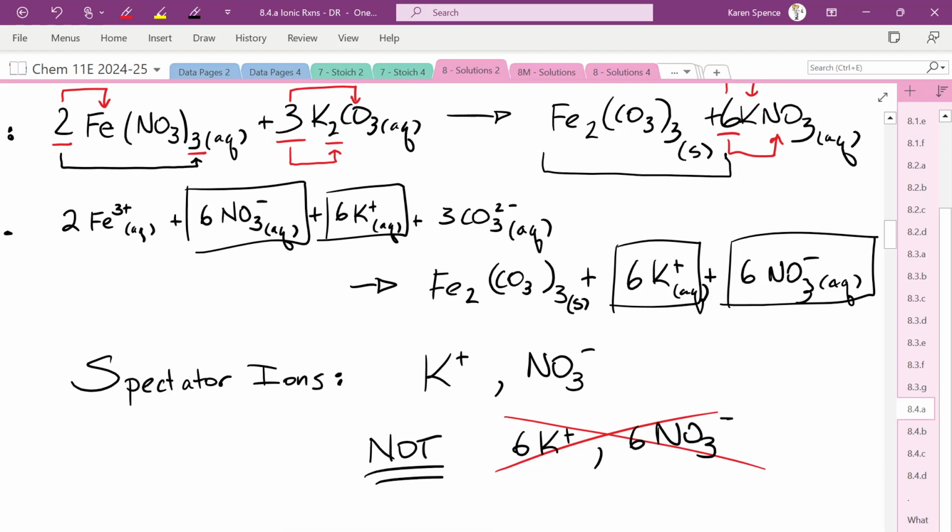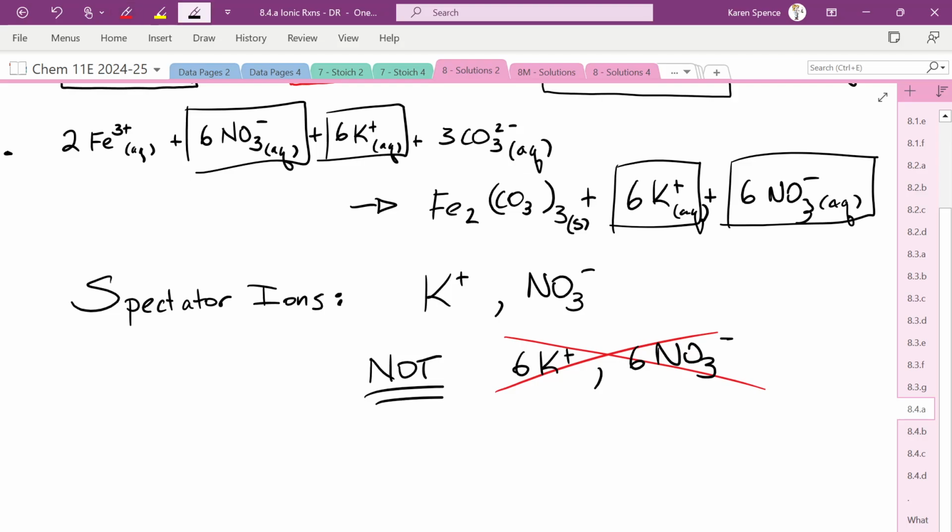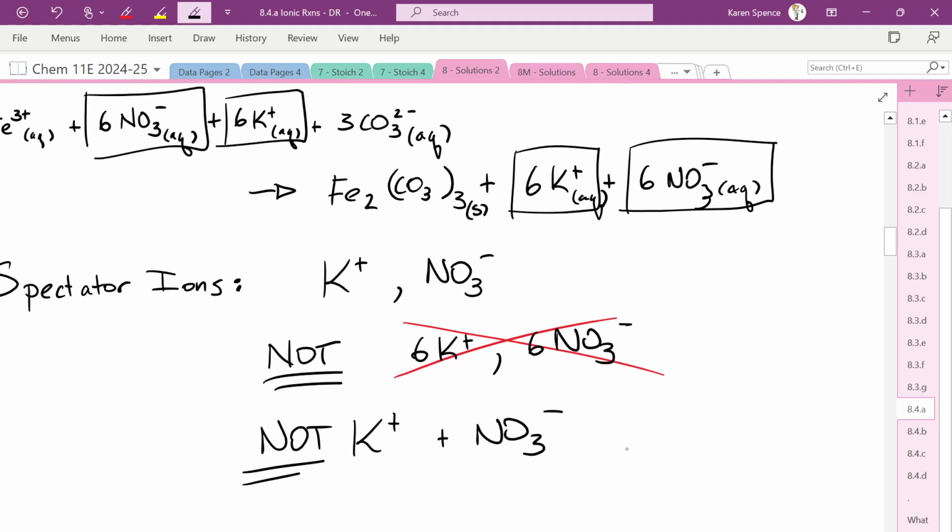We also do not want to write K plus plus NO3 minus because that looks like a reaction. You can write a comma, you can write and, doesn't matter. This looks like a reaction. So not that either.